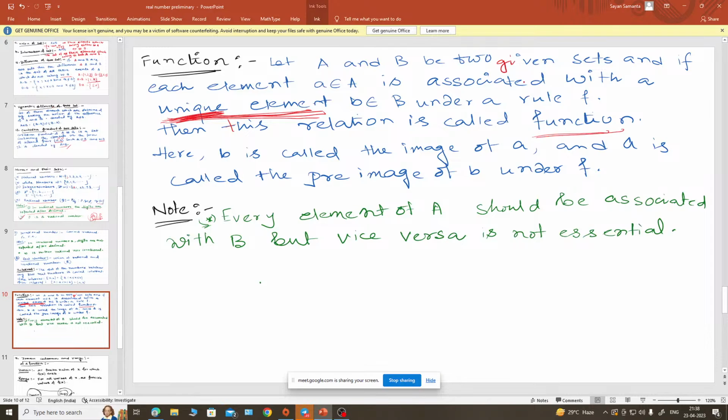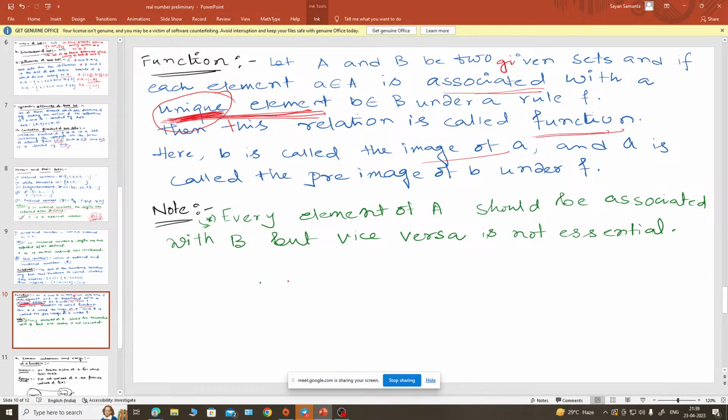Again, I read this definition. Let A and B be two given sets, and if each element a belonging to A is associated with a unique element b belonging to B under a rule f, then this relation is called a function. b is called the image of a, and a is called the pre-image of b under f.